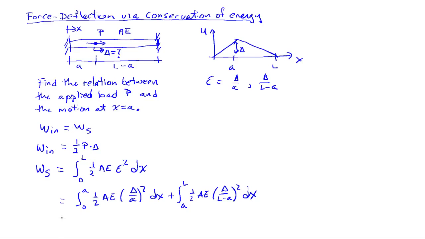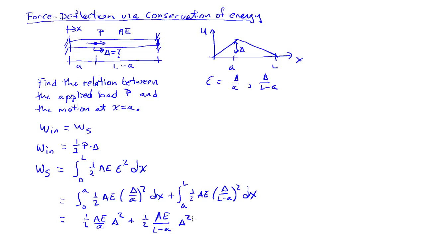So we can integrate both of these expressions here. Everything in the integrand is a constant. So from the first term I have 1/2 AE over A delta squared, and from the second term I have 1/2 AE over L minus A delta squared.